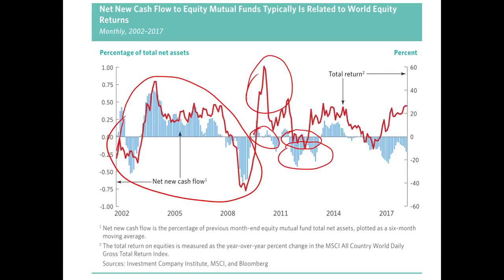So you can see that it's sort of one way. Stock market goes way up, there are some inflows, but not matched pound for pound like it had been in the past. On the flip side, market goes down a little bit, and then we have consistent outflows in spite of the market coming back.